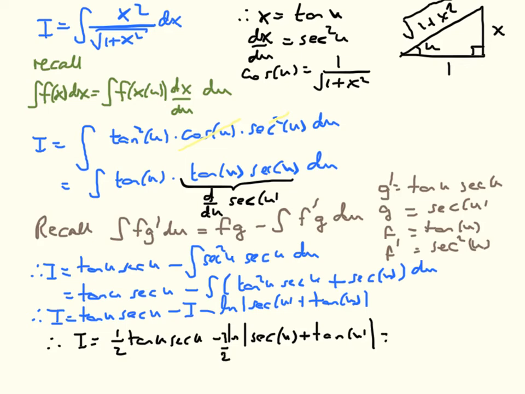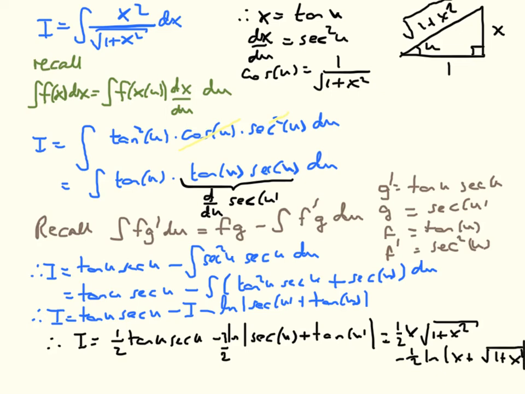So this is 1/2 x times the square root of 1 plus x squared, that's the second function, minus 1/2, just trying to squeeze it in here, the logarithm of the modulus of x plus the square root of 1 plus x squared, close the modulus.